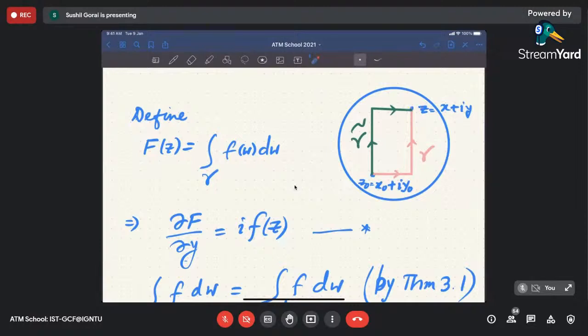So you can go through a polygonal path whose sides are parallel to the axes, but the last side should be parallel to the y-axis, the others parallel to the x-axis. That is good enough. So does that answer your question? Yes.